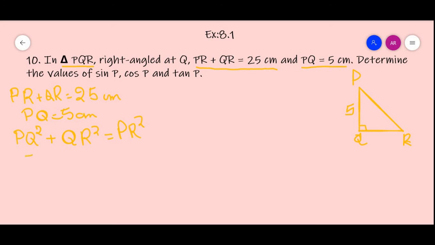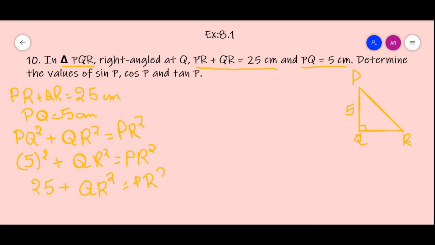We know the value of PQ, so substituting it, it becomes 5 square plus QR square is equal to PR square. So let's simplify till the last step that we can do. It's going to become 25 plus QR square will be equal to PR square.